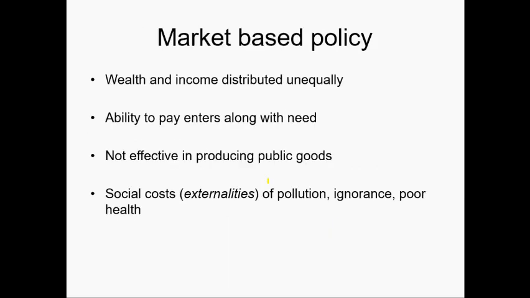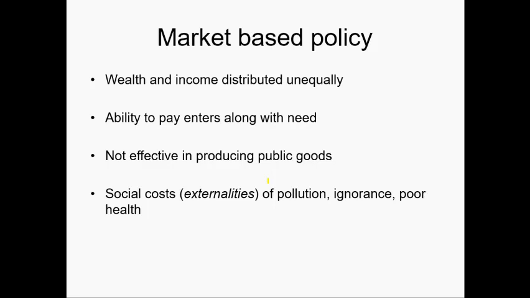Now, as far as market-based policy, if we lean heavily towards that, it means we're trying to get the state out of the picture, and we see immediate problems with that because market-based policy is very much blind to inequality. Blind to equality and fairness. Markets tend to go to what's most efficient, what people need, and where the resources need to go.